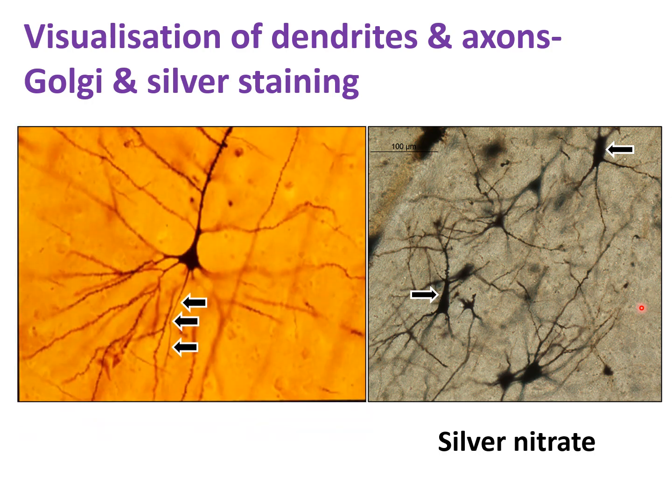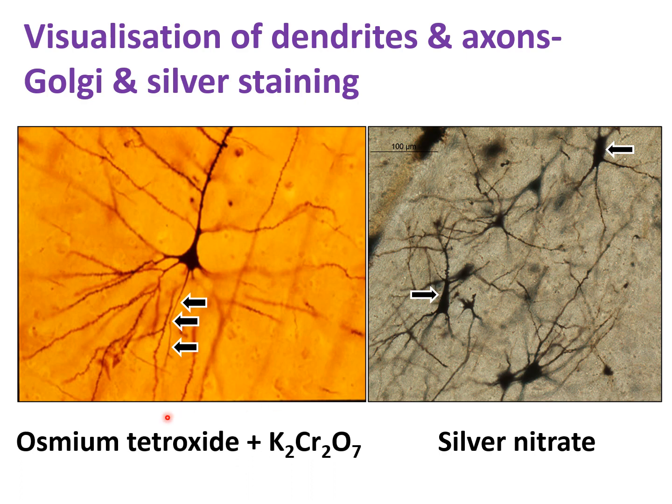So, in this stain, it is possible to visualize the minute branches of the dendrites and axons. This is Golgi staining, rapid Golgi, combined with osmium tetroxide and potassium dichromate.